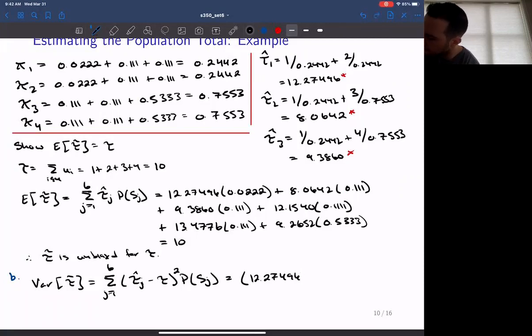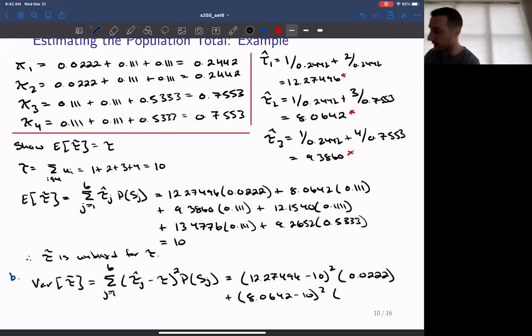12.27496 minus 10 squared times the probability of observing the sample, which is 0.0222. All right, and then the second calculation would be 8.0642 minus 10 squared multiplied by the probability of observing that sample, which is 0.111. And then I'm just running out of room. So this is going to be the same pattern for the remaining estimators from the sample.